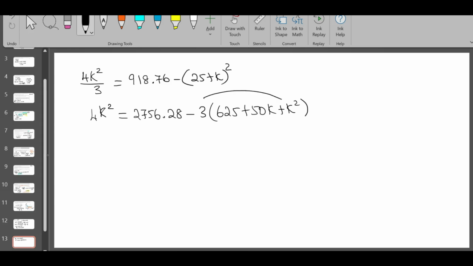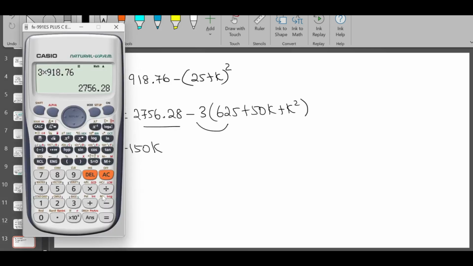Minus 3k square, bring it here, you will get 7k square. And then minus 150k comes here, positive 150k. So this minus 3 times this value, minus 3 times 625. You get 22032.